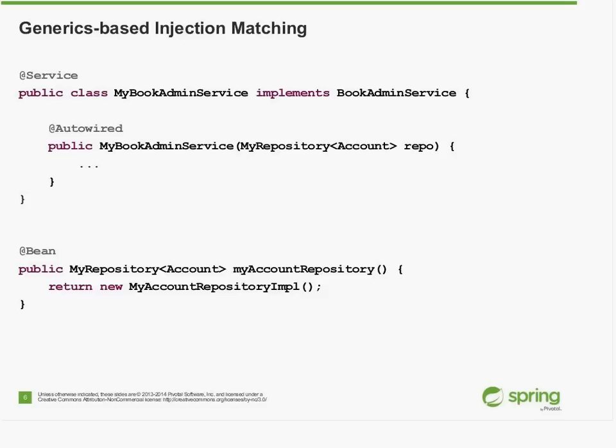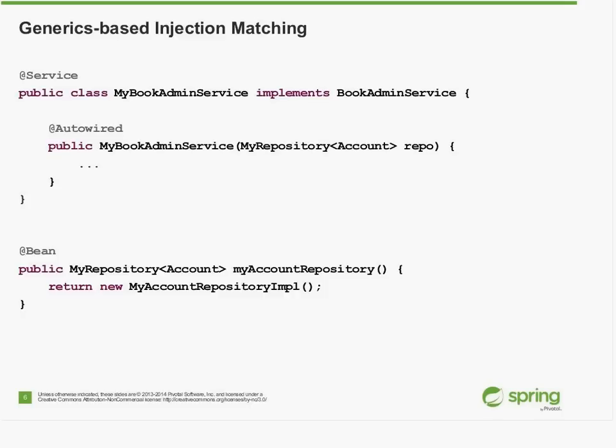There's an @Bean method that builds this repository instance, defines this repository bean. And obviously, the container is in charge of matching those. So finding a good match for the injection point, which means it looks at the constructor. It says the constructor wants this repository of a specific type, and it tries to find the best possible match among the candidate beans in the container that have been registered with the container.